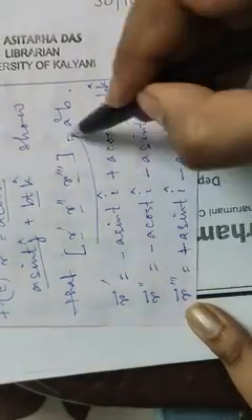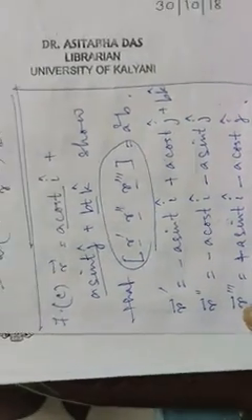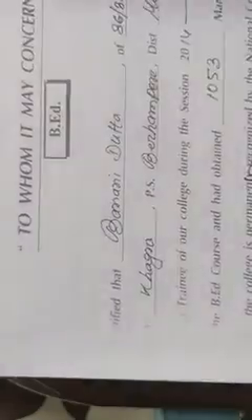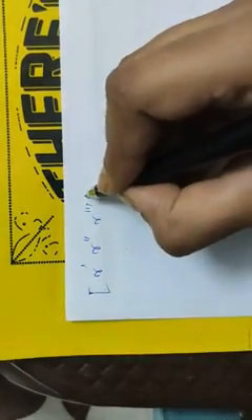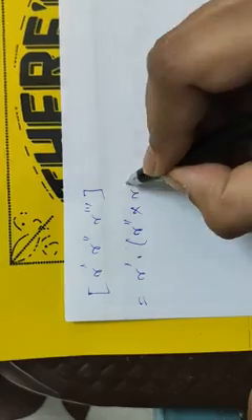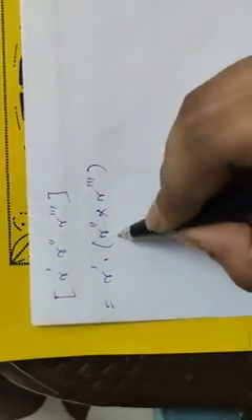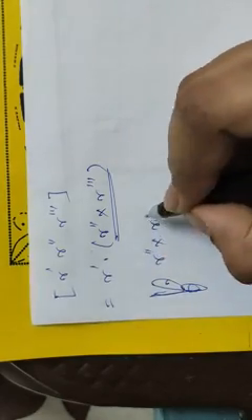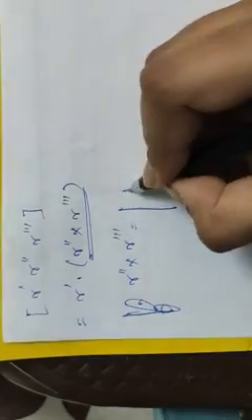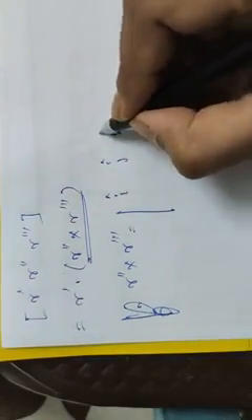Okay, now try to find the box product. What will be its box product? The box product is [r dashed, r double dashed, r triple dashed]. That means r dashed dot r double dashed cross r triple dashed. So how to find this one? Starting with r double dashed cross r triple dashed. That means i, j, k.